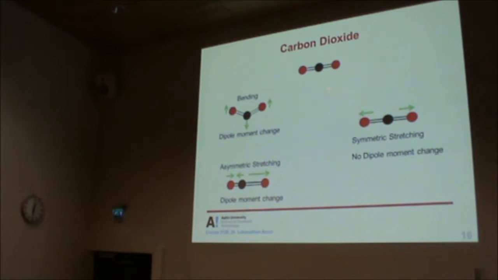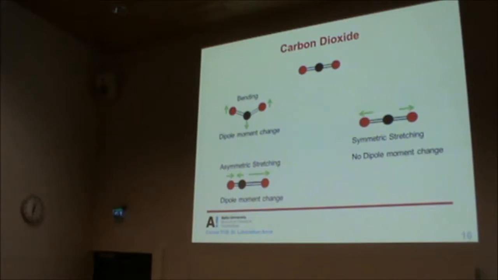But in carbon dioxide, each carbon-oxygen bond has a dipole moment, but the two dipoles oppose each other, so they cancel. Overall, the carbon dioxide molecule does not have a dipole moment. But there are bending and stretching modes that have a net dipole moment, so carbon dioxide does absorb in the infrared region.